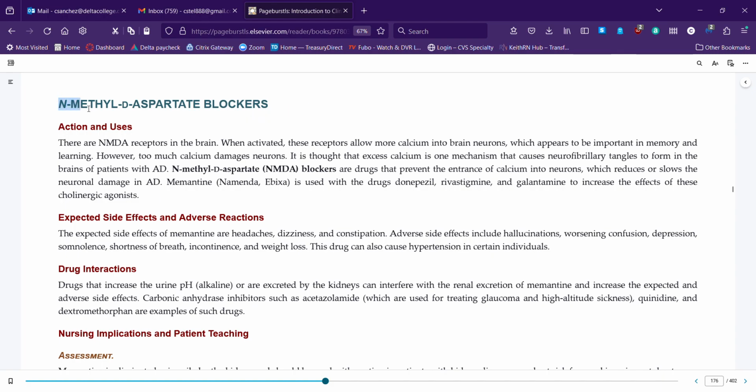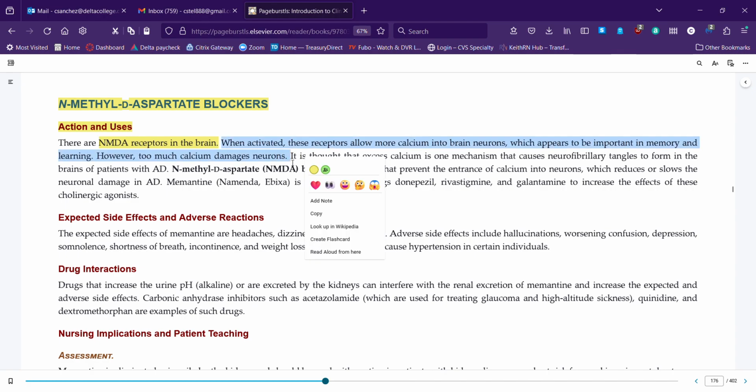So the next medication is going to be your NMDA blockers. Okay, so remember, anytime something's a blocker or an inhibitor, it's blocking something from happening, right? So when we talk about the actions and the usage, we have the NMDA receptors in our brain.